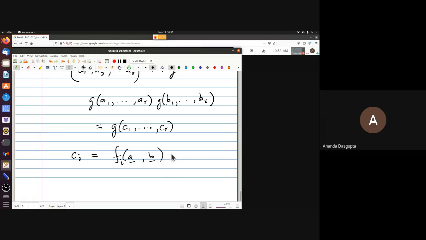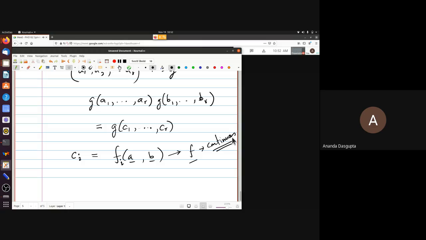Or, as you all know, you can always say it's really not R functions, but a single function which maps onto the R dimensional space. And this function F, or the vectorized version of it, all the R functions together, should be continuous. This is what defines a continuous group for us.